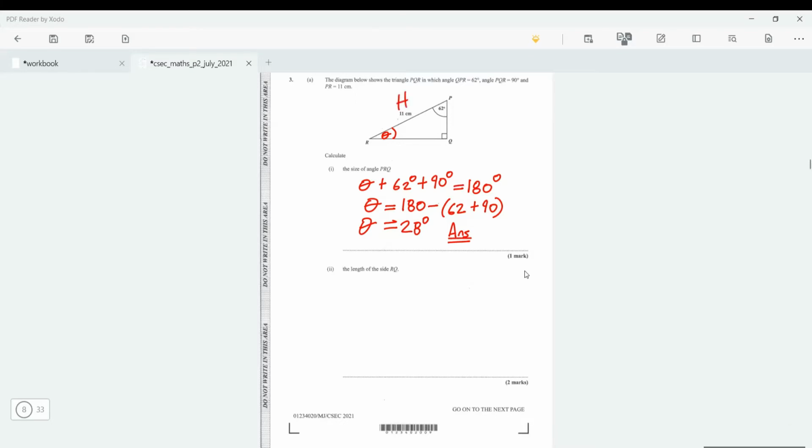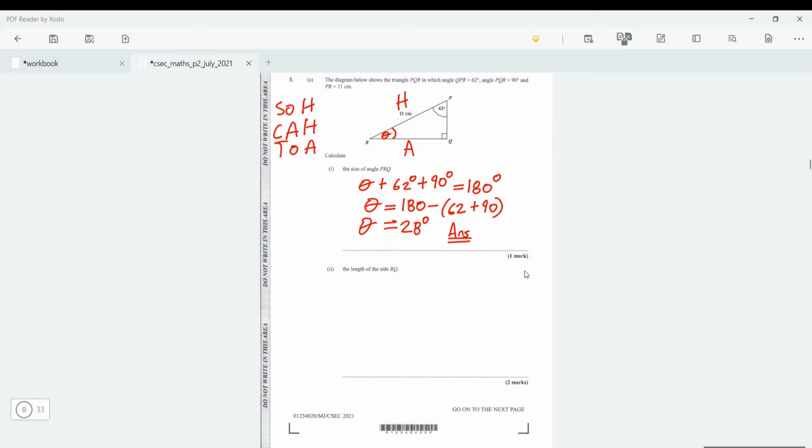This angle is 28. And so the side below it is going to be the adjacent. Remember SOHCAHTOA. Cosine is when you have adjacent and hypotenuse.